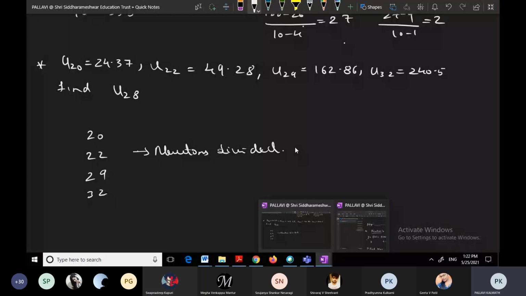If they are unequal intervals, you will be using Newton's divided. If they are at equal intervals, then also you can use Newton's divided, no problem. But it should be mentioned in the question to solve by this particular method only, then only you will solve by this method. If nothing is mentioned, then equal intervals means Newton's forward backward, unequal means Newton's divided.